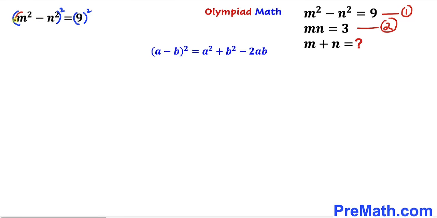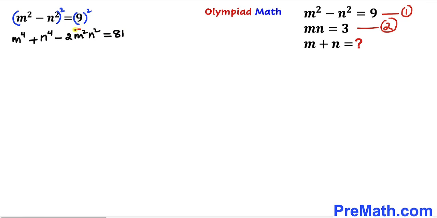If this is lowercase a and this is lowercase b, then m square to the power 2 becomes m power 4, plus n square to the power 2 makes n power 4, minus 2 times m square times n square, equal to 81 on the right hand side.